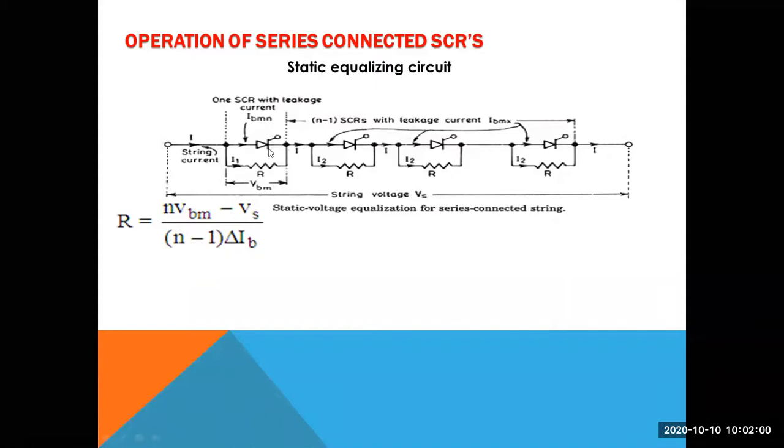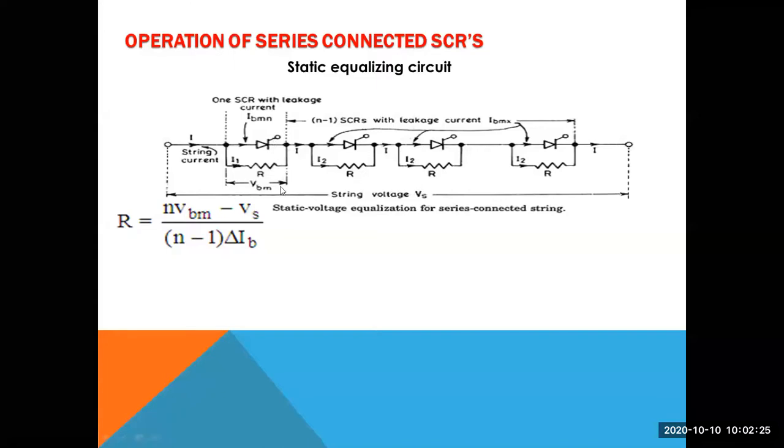So if there is a difference in leakage currents, then the current passing through the resistance connected across each SCR will be different. I1, I2, I3 is the current passing through each SCR, and it will differ because of the difference in leakage current.